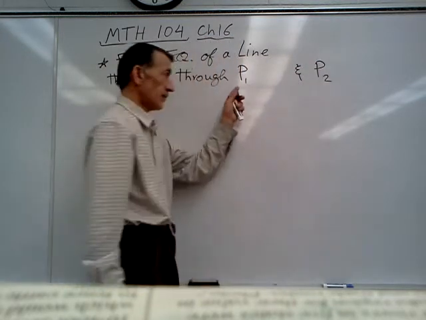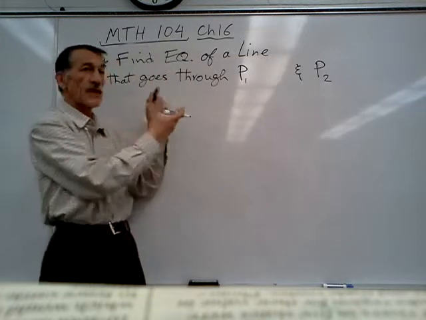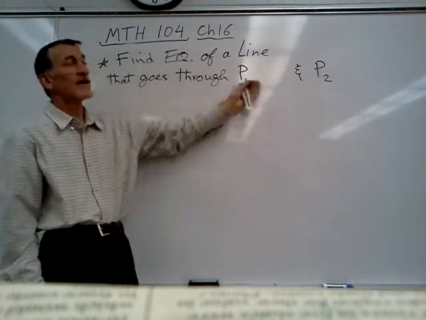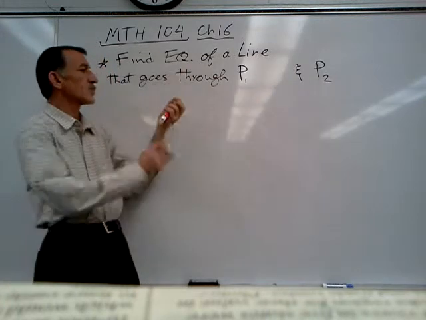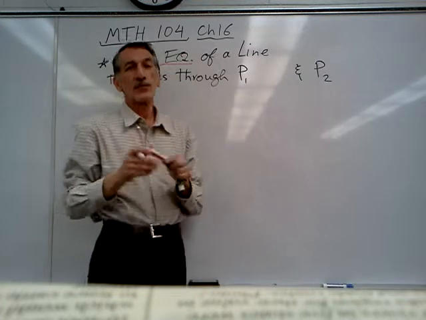So these 2 points are going to be given, and you're supposed to write the equation of the line with no slope, with nothing given, no graph, nothing. So you only have 2 points, and you are supposed to write the equation of the line in the slope intercept format. But don't worry, I'll show you the trick.